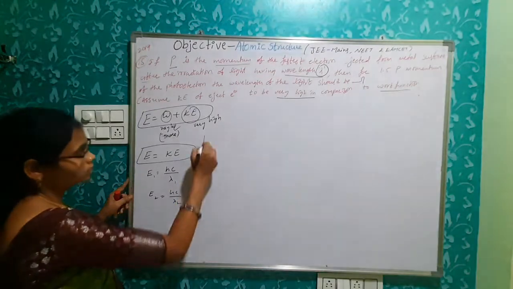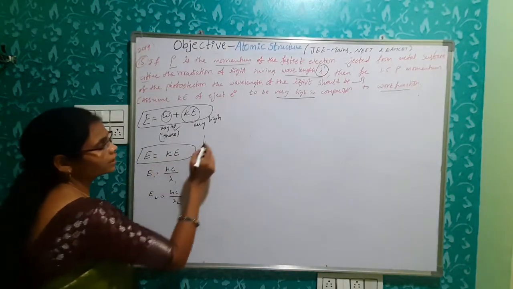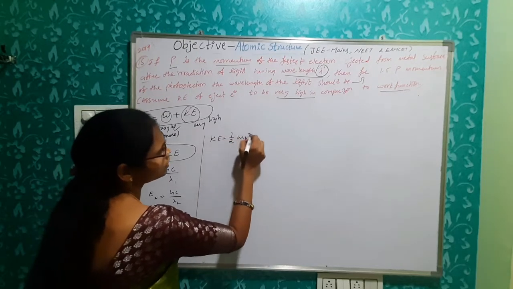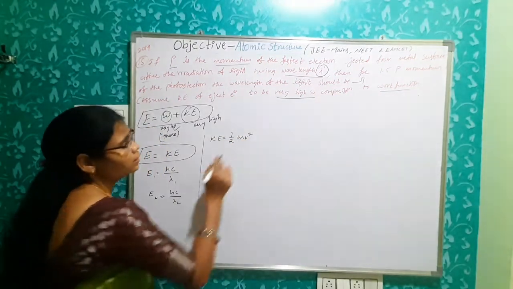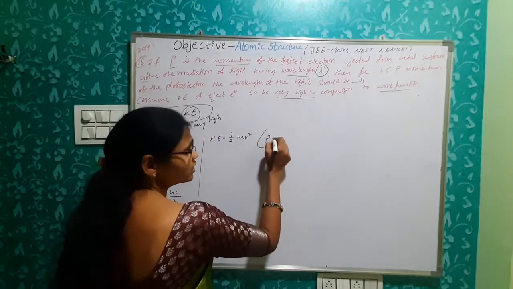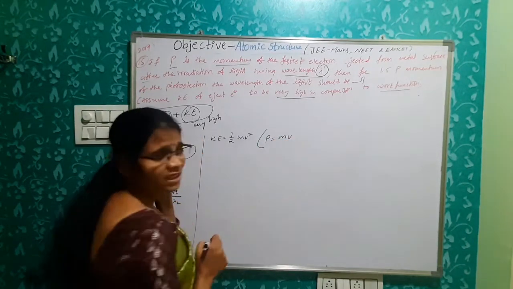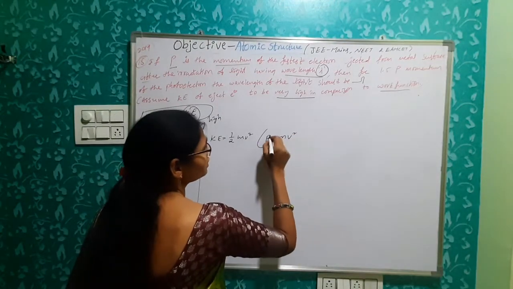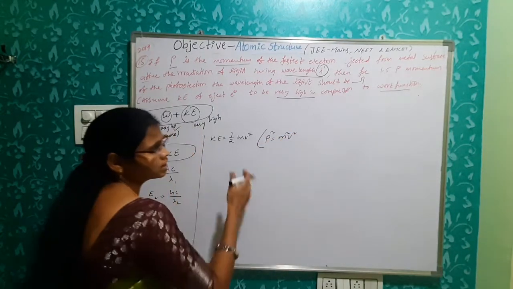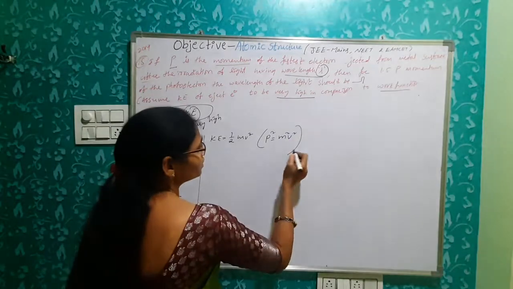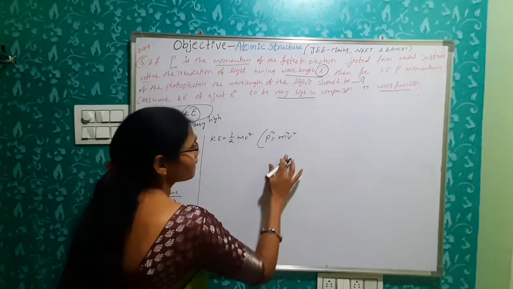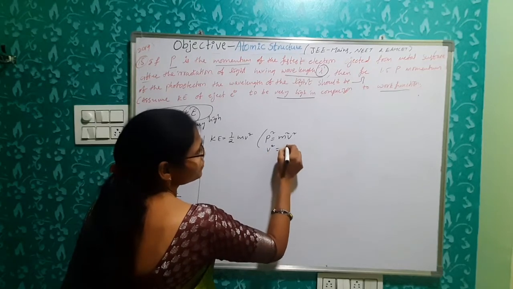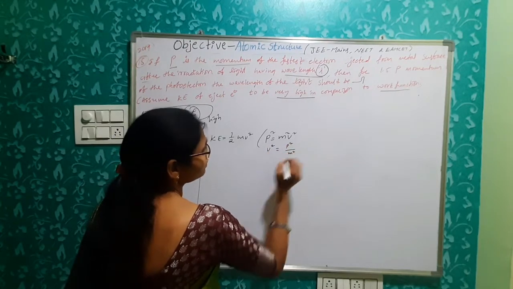Next, kinetic energy also. Kinetic energy is nothing but half mv square. Momentum is nothing but the product of mass and velocity, so you can take the square. Instead of v square, substitute p square by m square.